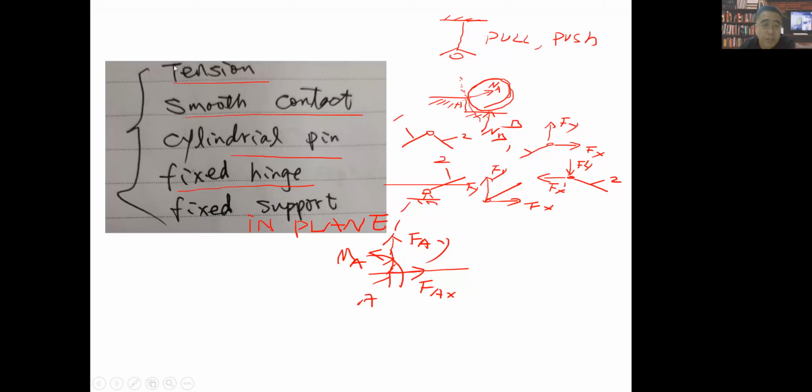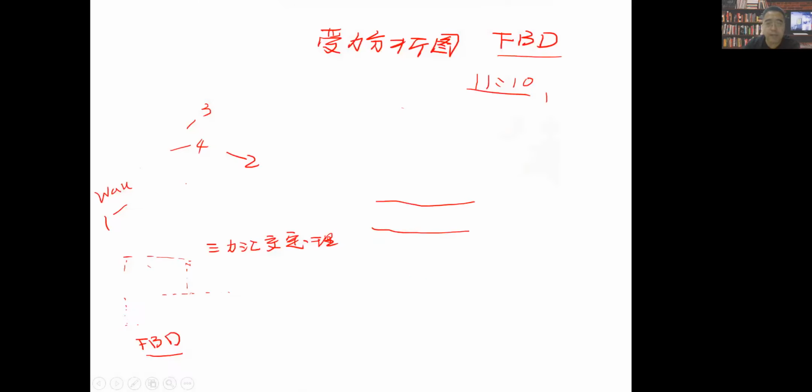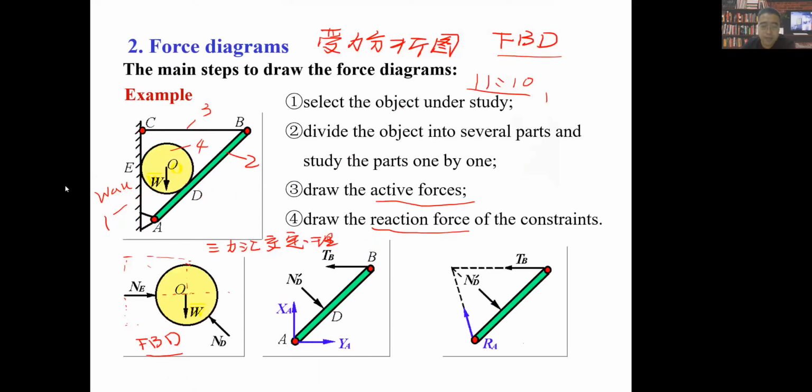These 5 common types of constraint, you guys should remember, and remember how to figure them out and how to draw their reaction forces accordingly, right? So back to our example here. Then we have YA, XA.